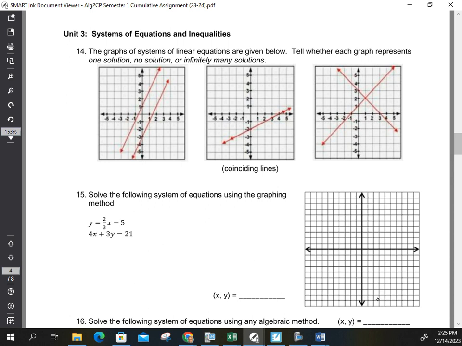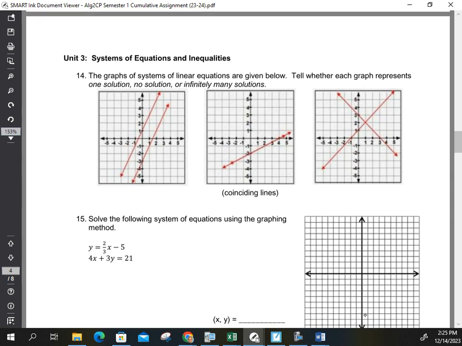Unit 3. For Unit 3, it's all about the systems. 2 equations, 3 equations. One solution means that the lines intersect.